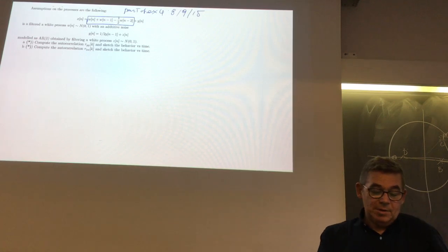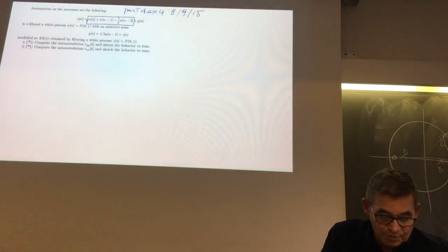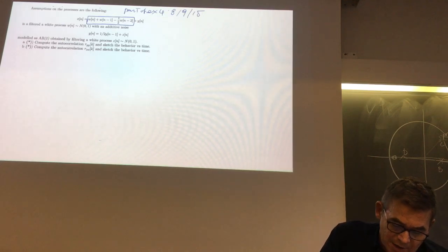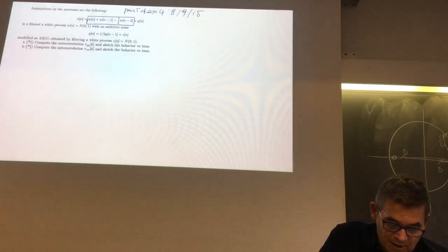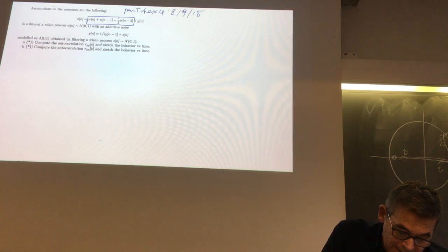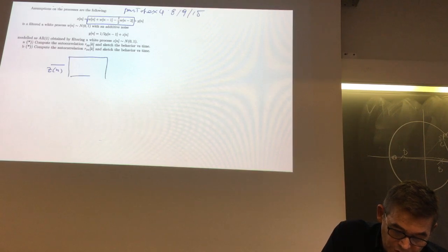So let me represent it in a slightly different way. Here I remember there was some ambiguity because some student asked me a question and then I clarified by voice. So the system is the following: I have a Zn which is entering into an autoregressive order 1 filter, which is 1 minus 1 half z to the minus 1.